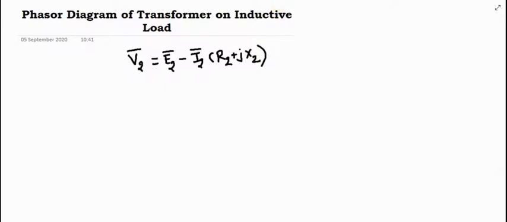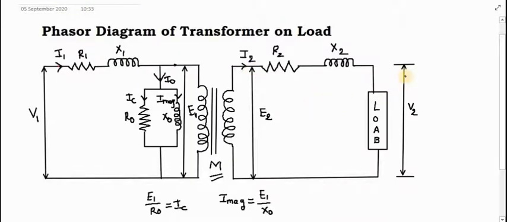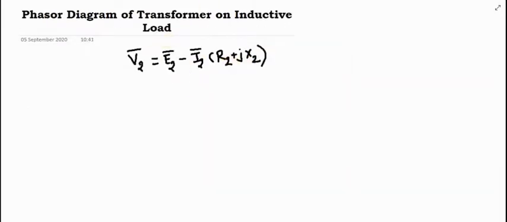So what is V2? V2 is nothing but E2 minus the drop across this impedance. What is the drop across this impedance? It is I2 into R2 plus jX2. This is the drop across this impedance. Let us give this equation as equation number 1.